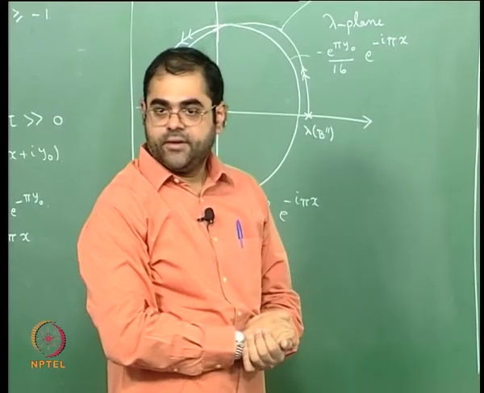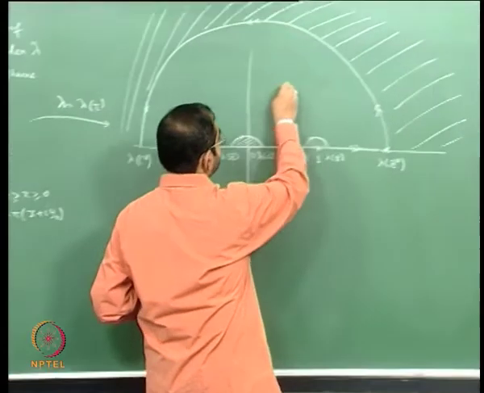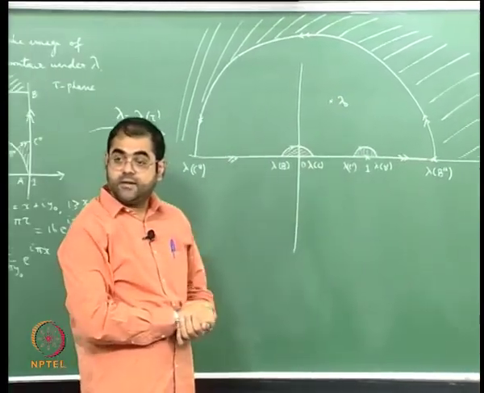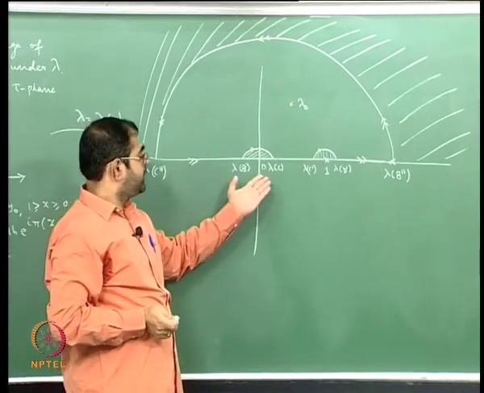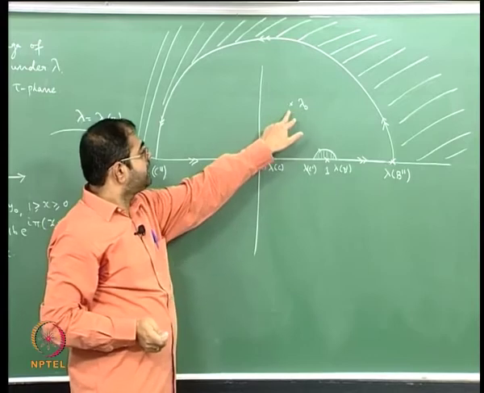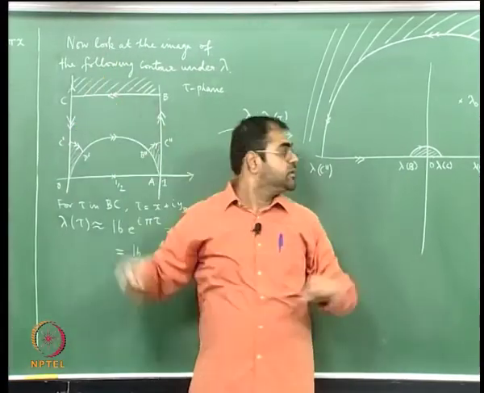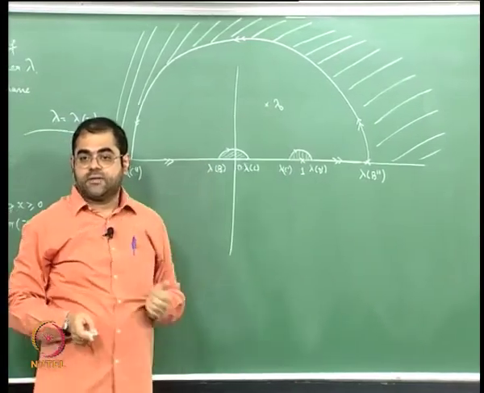Now comes the final point. Give me any value lambda naught in the upper half plane. I can adjust y0 to be large enough so that lambda naught lies inside the image of this contour.